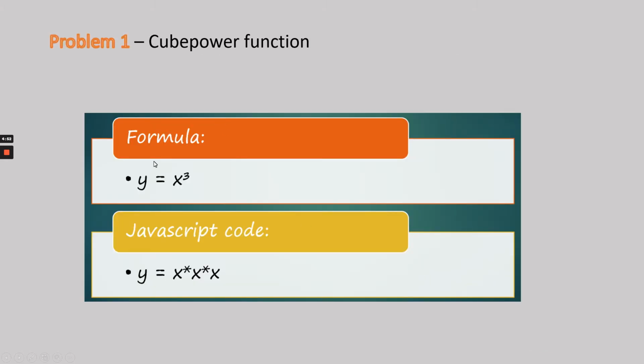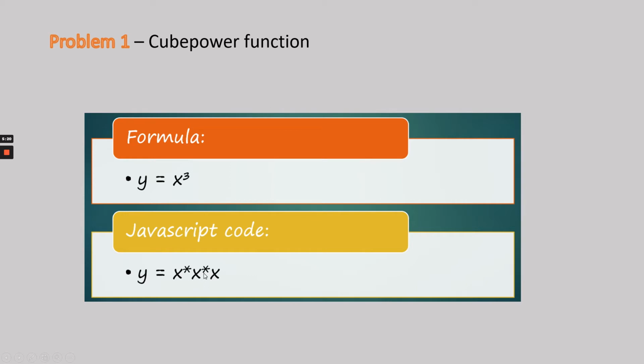So I have two formulas right here. The one on the top we learn from mathematics: y equals x to the power 3. And the bottom one is the JavaScript code. We cannot write it like the mathematical one because the computer cannot recognize x to the power of 3.